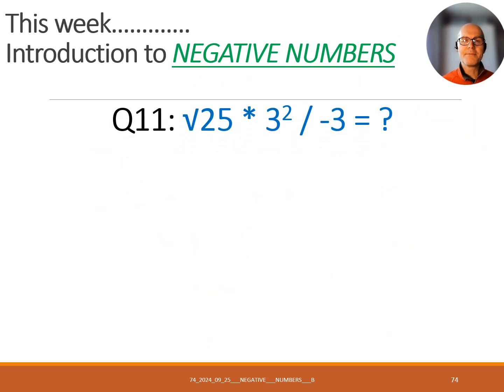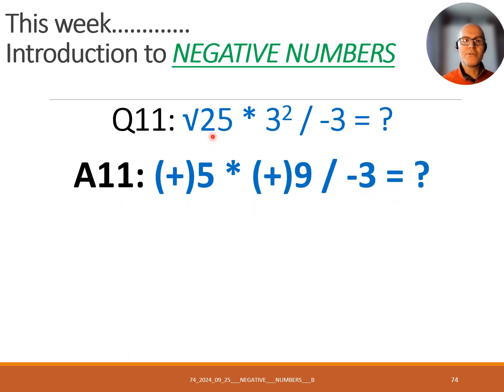Question 11. Square root of 25 times 3 squared divided by negative 3. BODMAS applies.